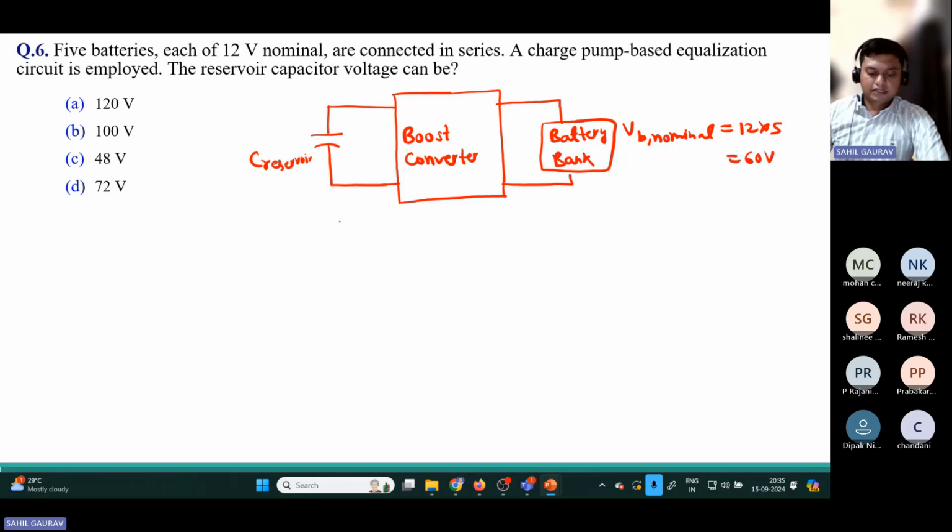So this input voltage should be less than the nominal voltage, and this is the output of the boost converter.